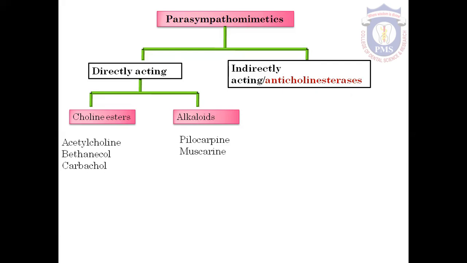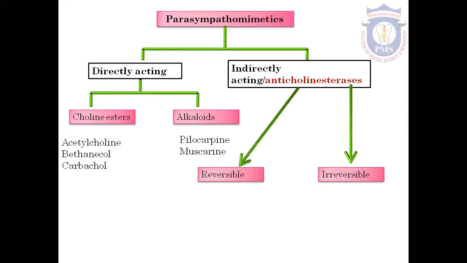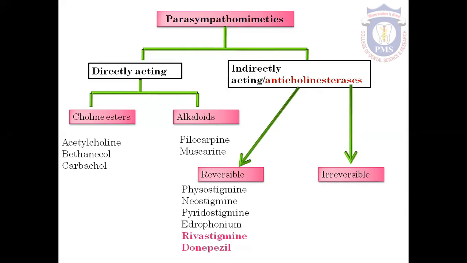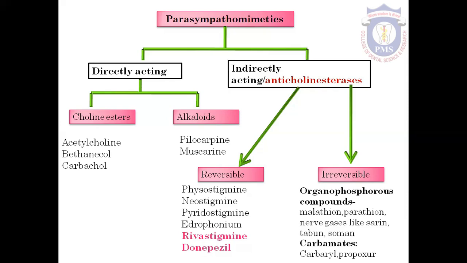That means these agents inhibit the activity of the acetylcholinesterase enzyme, thereby inhibiting the metabolism of acetylcholine. The agents can be reversible inhibitors or irreversible inhibitors. The reversible agents are physostigmine, neostigmine, pyridostigmine, edrophonium, rivastigmine, and donepezil. Irreversible agents include organophosphorus compounds and carbamates.